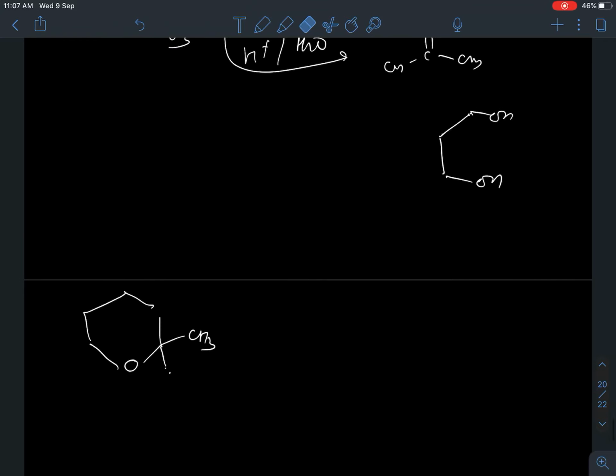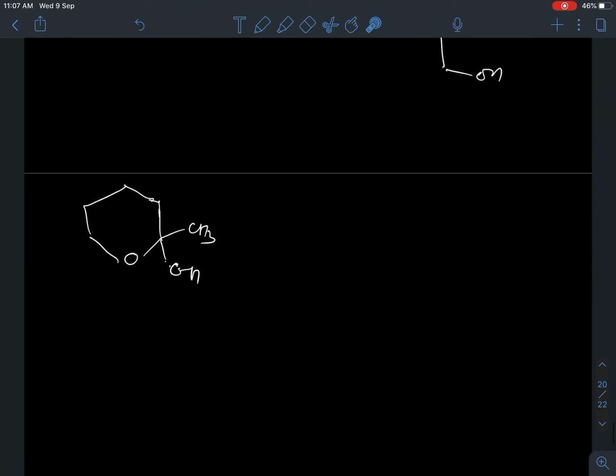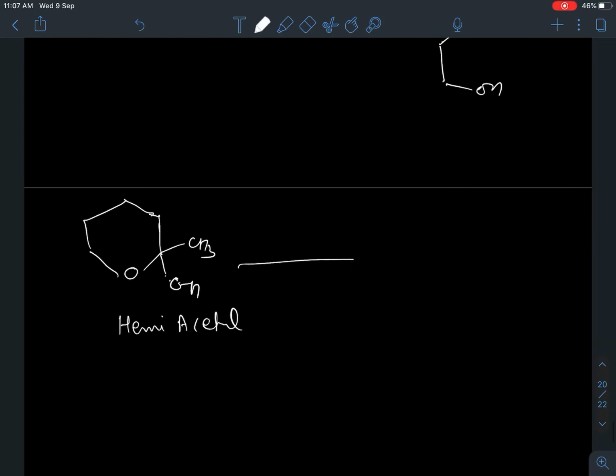Suppose the oxygen is removed and a regular bond is formed. And suppose we are having OH. Now, what is this? Once again, you look, the same carbon is attached with this OR and the other is OH. This is a hemiacetal. Now, if it is a hemiacetal, then even OH minus or even H plus, both will break this down.